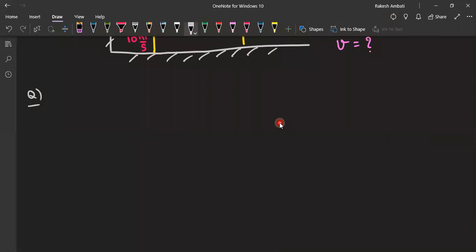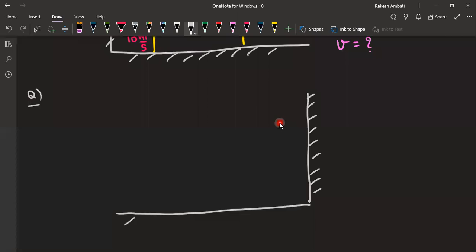So in the next question, it is a smooth surface. Here it is a vertical surface, a vertical wall, and this is the horizontal surface.